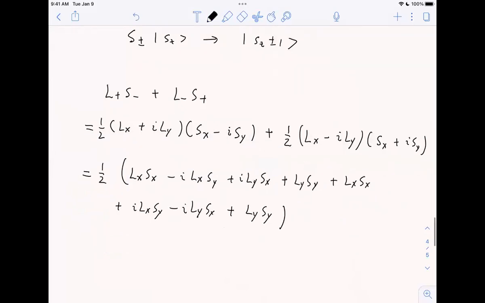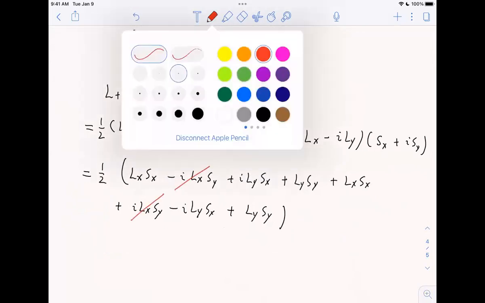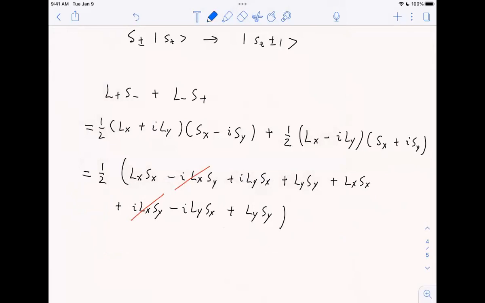Okay, so now you can already do some cancellation. This one and this one cancel, and then this one and this one cancel. And these two are the same. And these two are also the same.